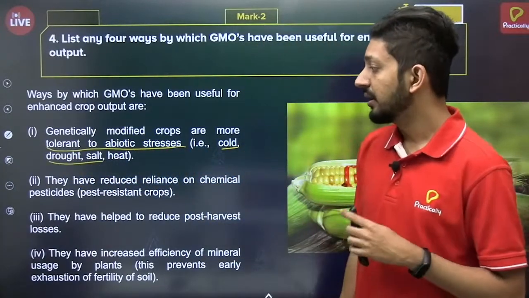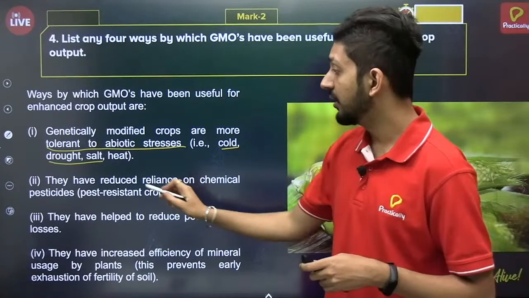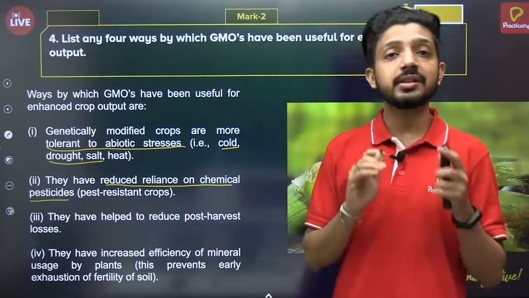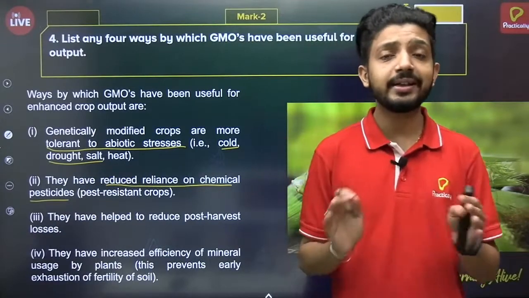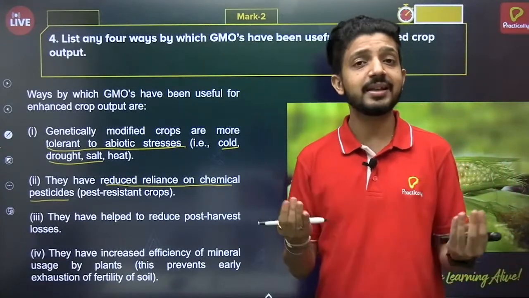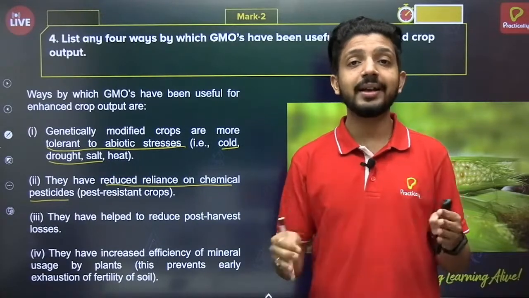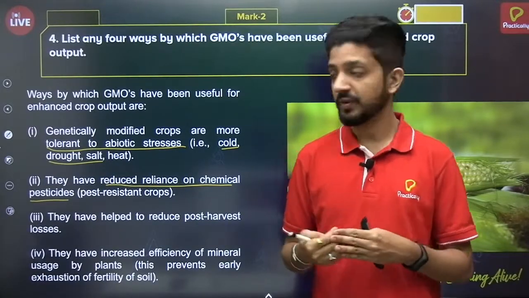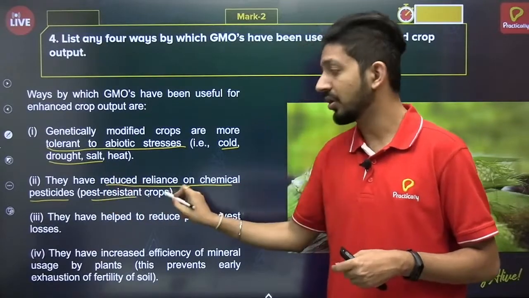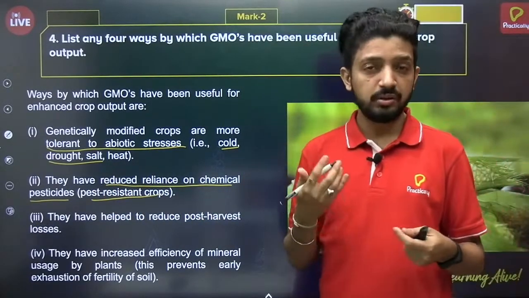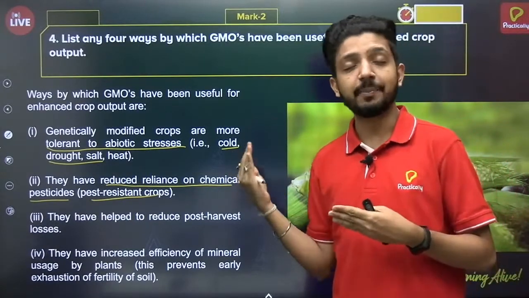Okay. Then they also have reduced reliance on chemical pesticide. So the genetically modified crops do not need chemical pesticides because most of them have inherent properties to not let the insects eat them or harm them. Okay, that is what the pest resistant crops are. Then so we know, this is from the application of biotechnology.